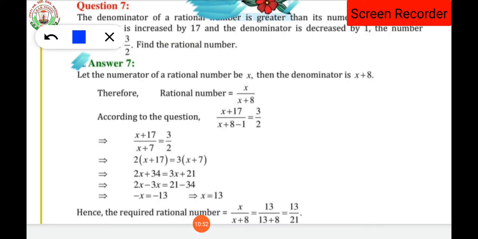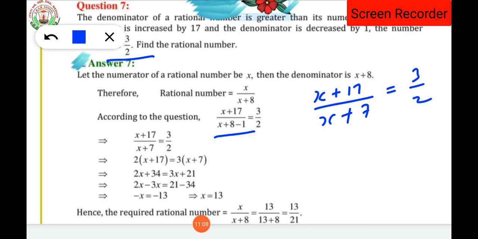Clear? When 1 is subtracted from the denominator and 17 is added to the numerator, we get a new equation, that is x plus 17 upon x plus 7 is equal to 3 by 2. Clear? The number becomes 3 by 2.